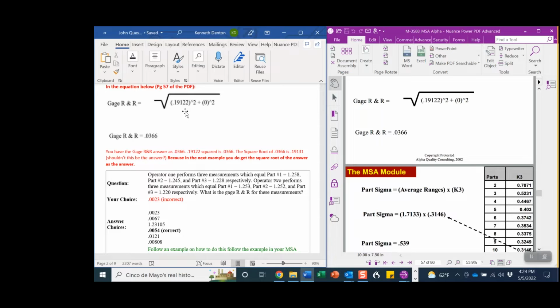So you take the square, and that, as you said, is your answer, 0.0366, but then you take the square root of that, exactly. That's 0.19122, and that should have been the answer. Aha. Okay, good. All right.